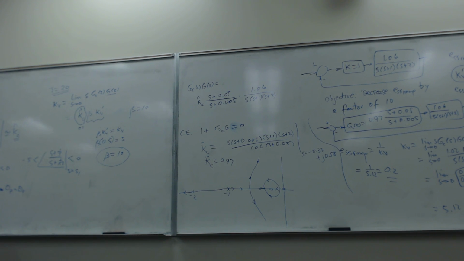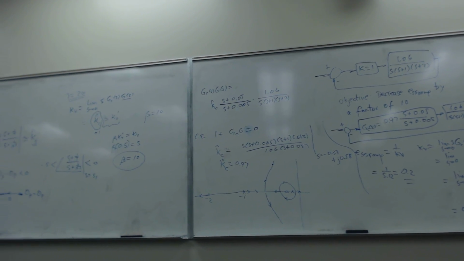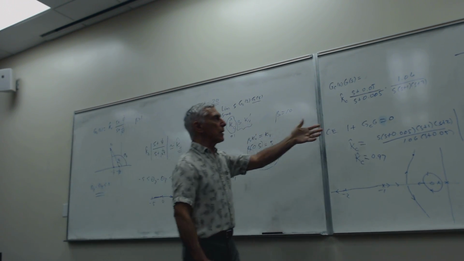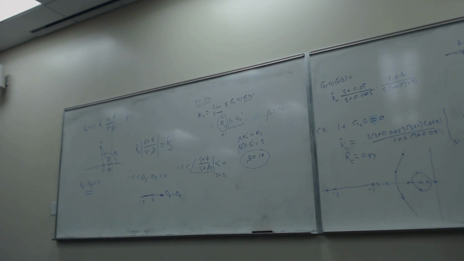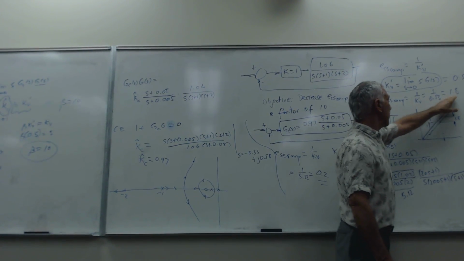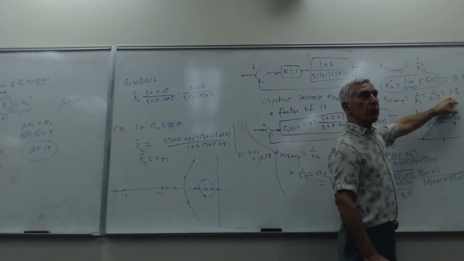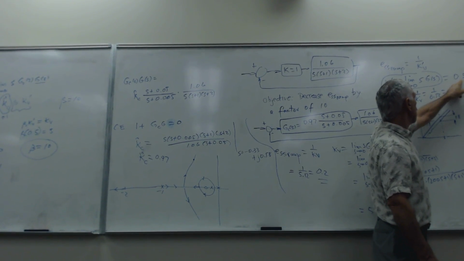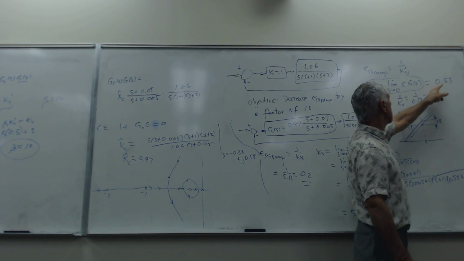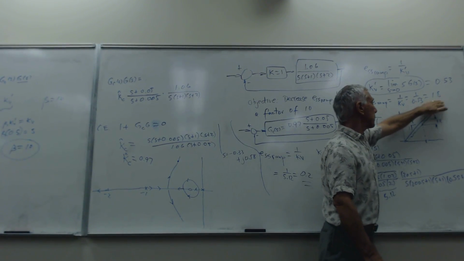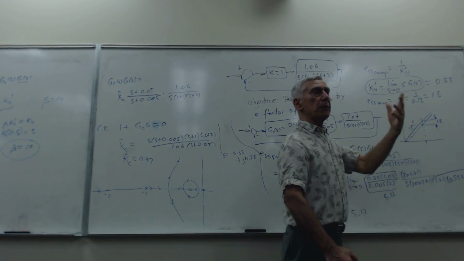It started out here where the steady state ramp error is larger than what you want. This is the static velocity error constant for the uncompensated system, so the uncompensated system gives you that. We need to make it better.